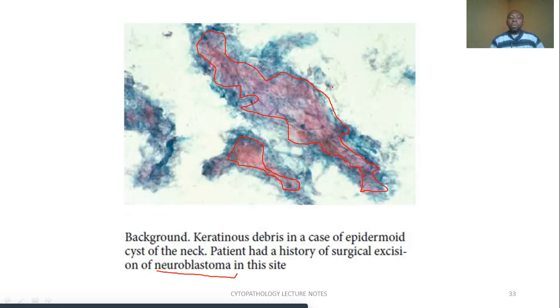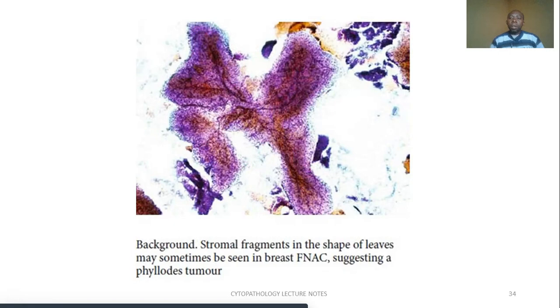It could actually appear with some other cells. In this case we don't have them, but we may even have some neutrophils appearing, but not so many of them. And in this image still we have a keratinous background, and we can really appreciate this. We can see the keratinized background.